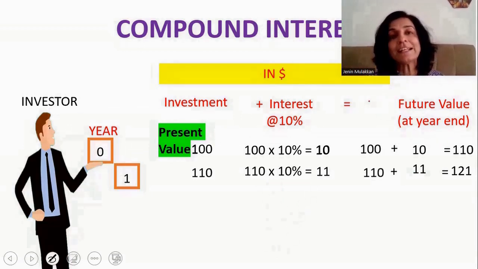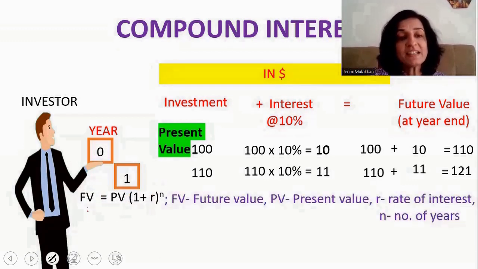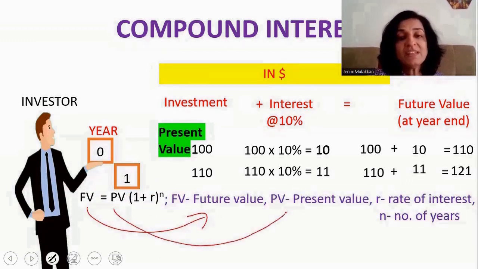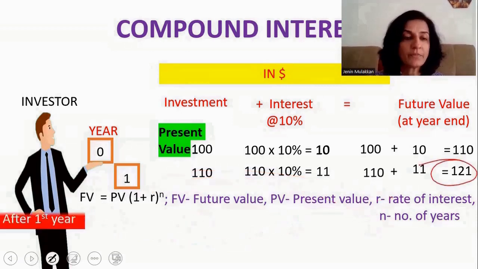And the formula for calculating future value is FV = PV × (1 + R)^N, where FV stands for future value, PV stands for present value, R the rate of interest, and N the number of years.